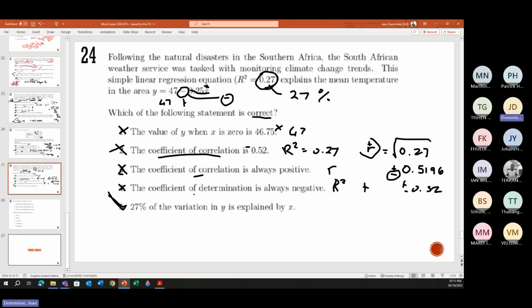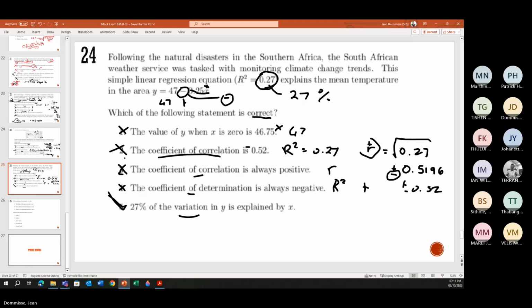It asks you about the coefficient of determination. It asks you to explain the variation in Y. Then more technical, but linked to understanding that the sign of your slope and the sign of your correlation needs to be the same. So that one was the incorrect one.